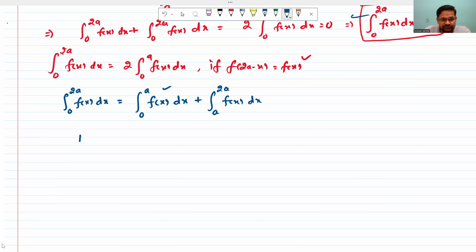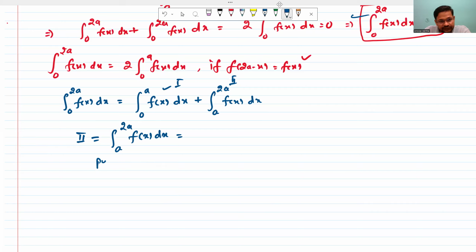This is the first and this is the second term, from a to 2a of f(x) dx. So now you can replace x, you just put x equal to 2a plus t.